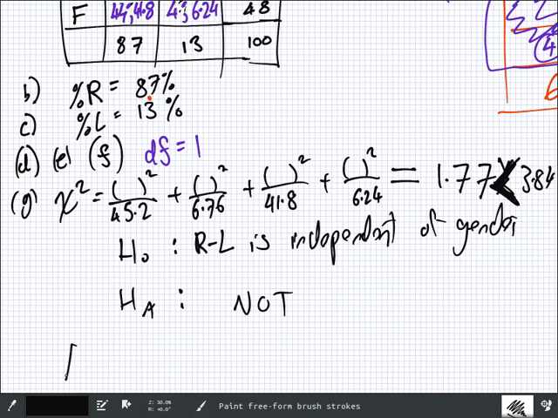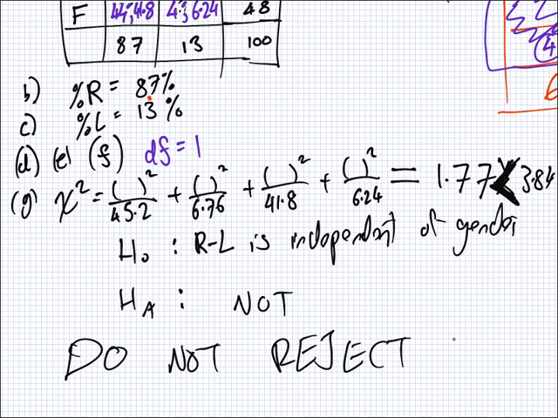So we do not reject the null hypothesis. What does that mean? What we're saying is that we don't believe that gender has an interaction with left or right-handedness. In other words, your gender doesn't play any role in determining if you're right or left-handed, in making it more or less likely.